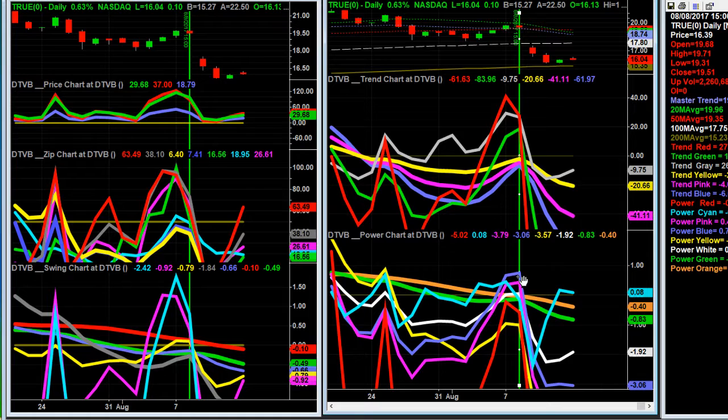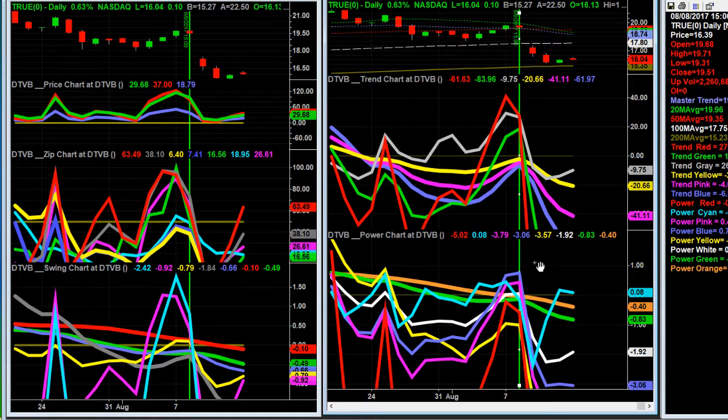In this case here, note that power blue is higher, and typically when power blue is higher, we get a stronger down movement, even though blue and pink are interchangeable as a deep cycle indicator. Mind you, it's the short deep cycle, not like swing gray, which is your primary deep cycle indicator.